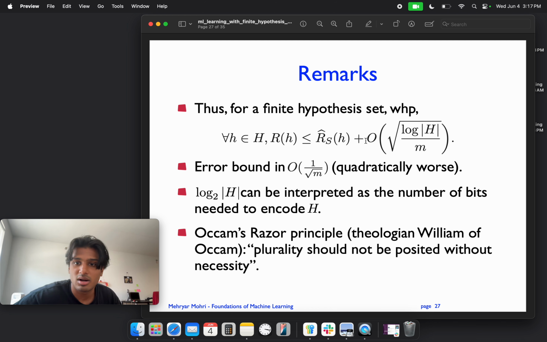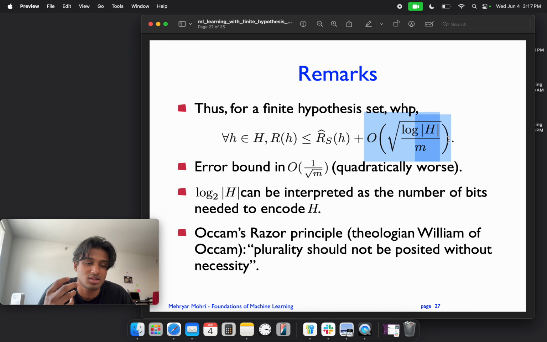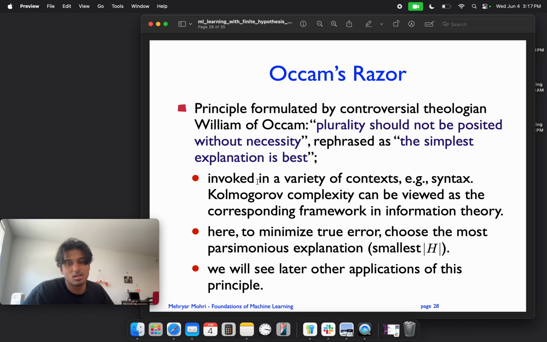So the risk bounds that you can confidently give become looser. So the best thing to do is to keep the hypothesis set as simple as you can, which is what it means. Plurality should not be posited without necessity. If it's unnecessary, keep it simple. Or it can be rephrased as the simplest explanation is best.